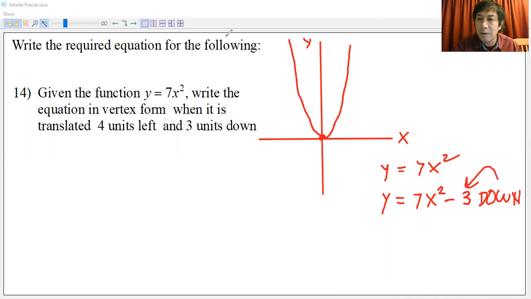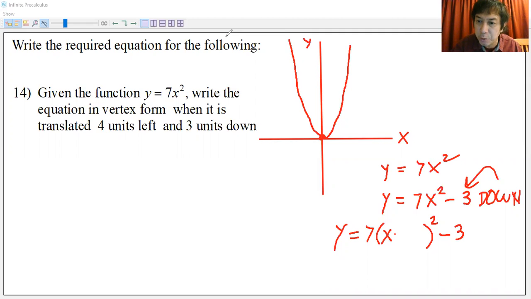All right, now to translate that to the left, we have something like 7 times, there's the x, this is still squared, there's that minus 3. We will have to subtract a negative because it's going to the left. The number 13, we're supposed to move to the right. Now this one is a translation of 4 units to the left.